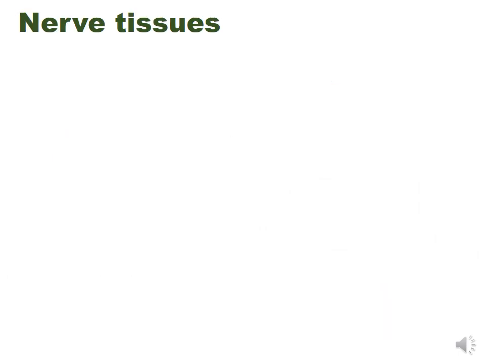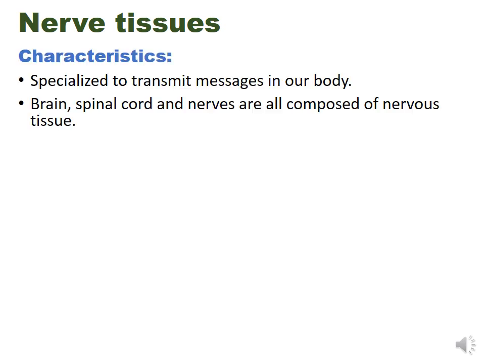Okay, now let's talk about the fourth type of animal tissue, and this is nerve tissue. This nerve tissue is specialized to transmit messages in our body. Brain, spinal cord, and nerves are all composed of nerve tissue.